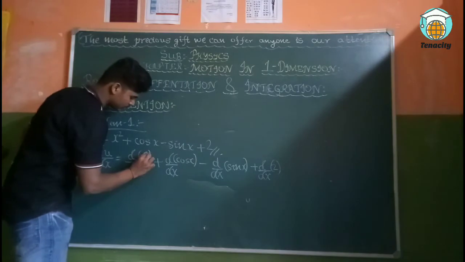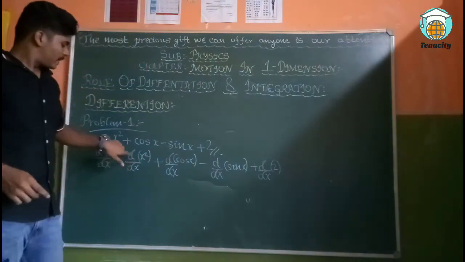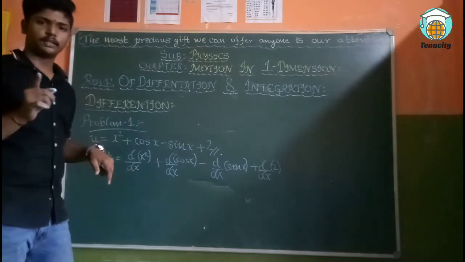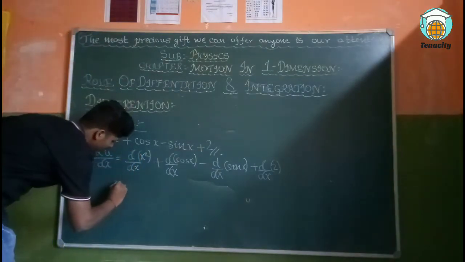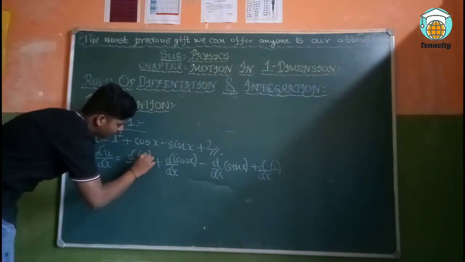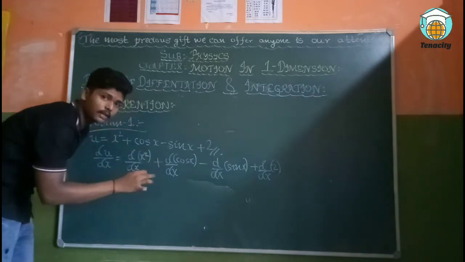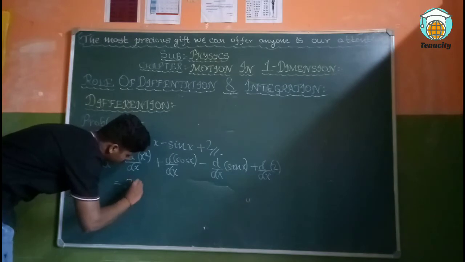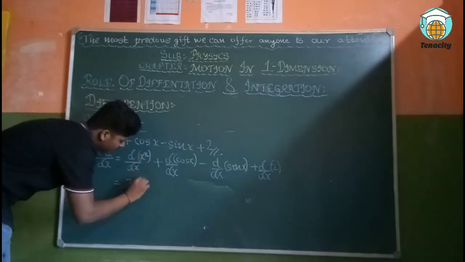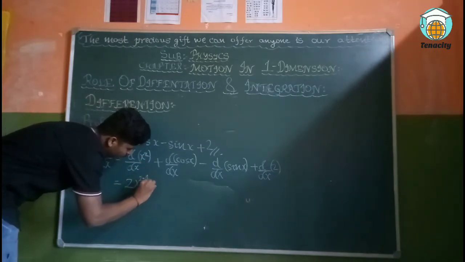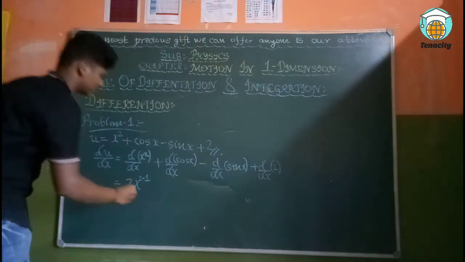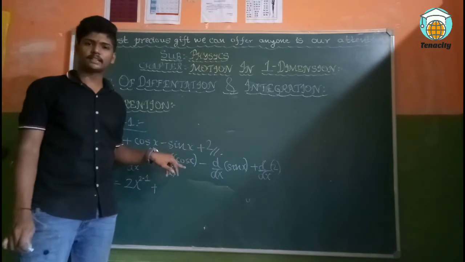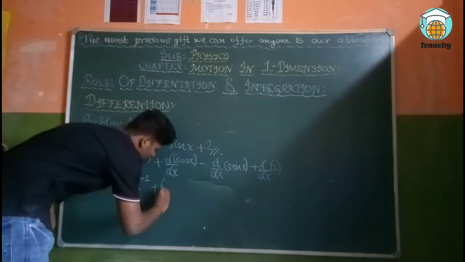As I said, d by dx of x power n is n x power n minus 1. Let 2 be n. This 2 will come in front of x and the power decreases by 1, plus d by dx of cos x, which I said is minus sin x.